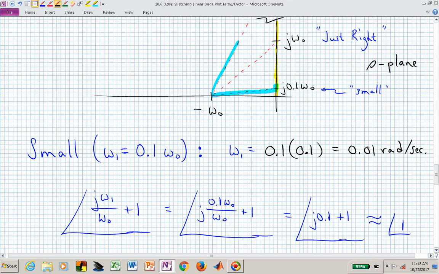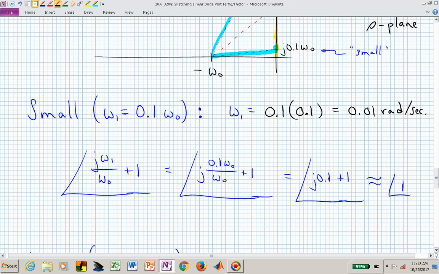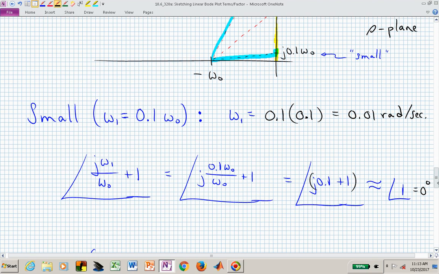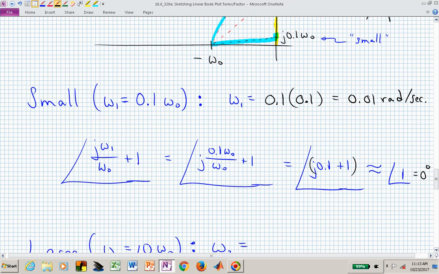And at that particular frequency, we have effectively j 0.1 plus 1. Here is our complex number, and we want to know what's the angle of that. Well, effectively that's just 1. We're going to say that 0.1 is negligible in the vertical direction. So now we have this angle of 1, which is 0 degrees. If we looked at the point 1 in the complex plane, we don't have to change our head at all to see anything.